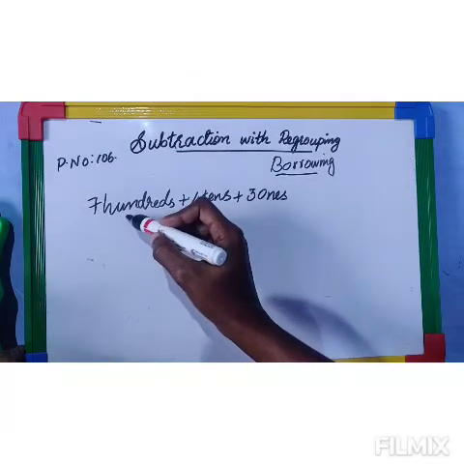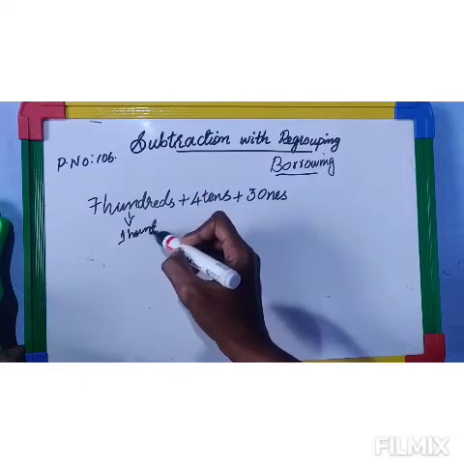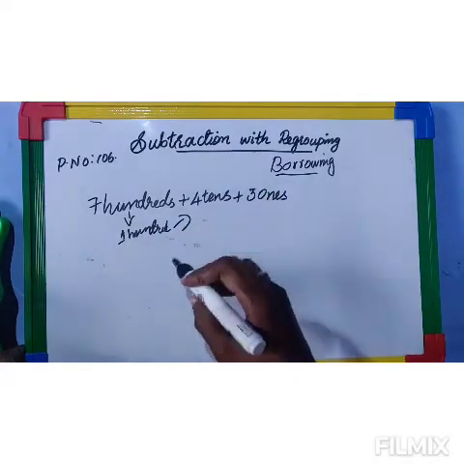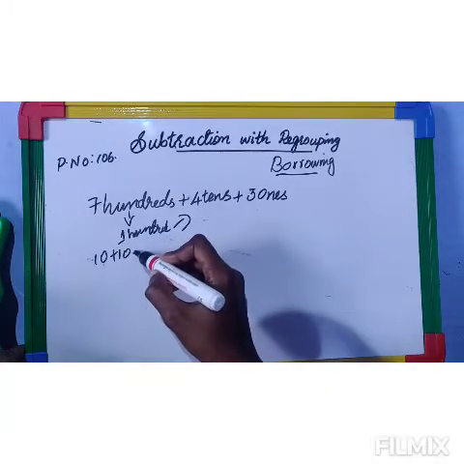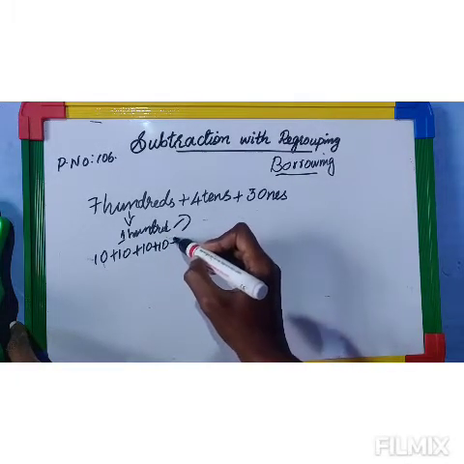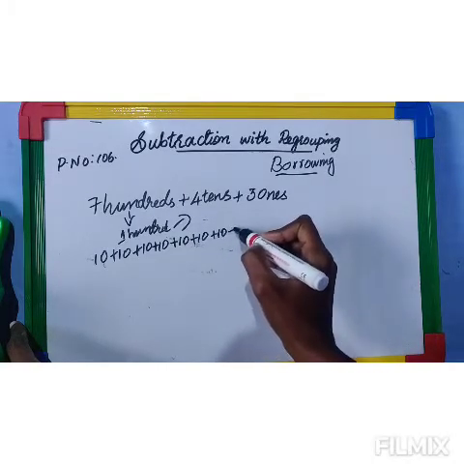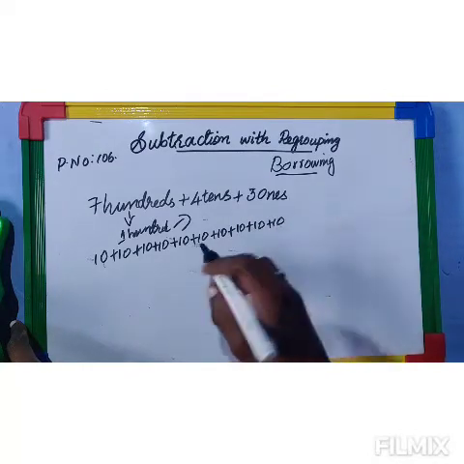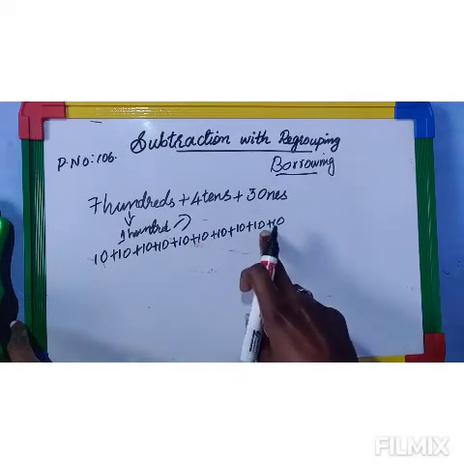So from here we are taking 100, then we are giving that to the tens. Okay, 100 is how many tens? 10, 20, 30, 40, 50, 60, 70, 80, 90, 100.